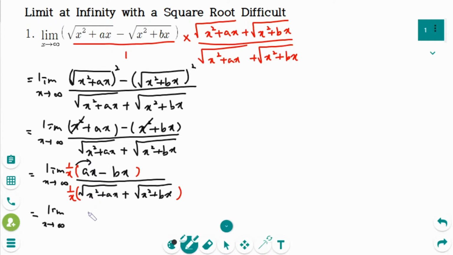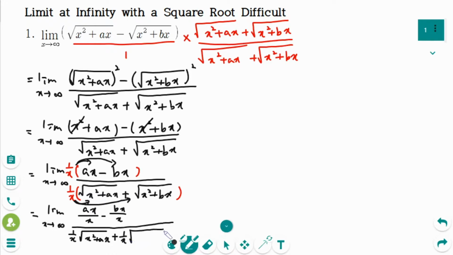So the first one is ax over x minus bx over x. So this one is 1 over x square root of x squared plus ax plus the second one 1 over x square root of x squared plus bx.